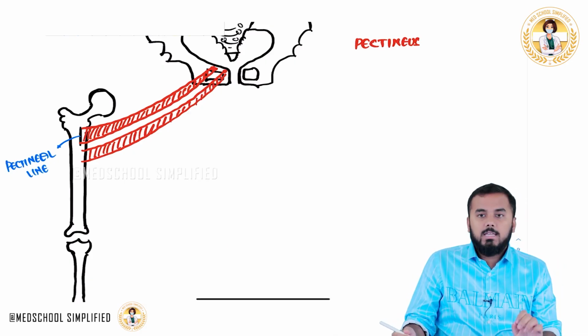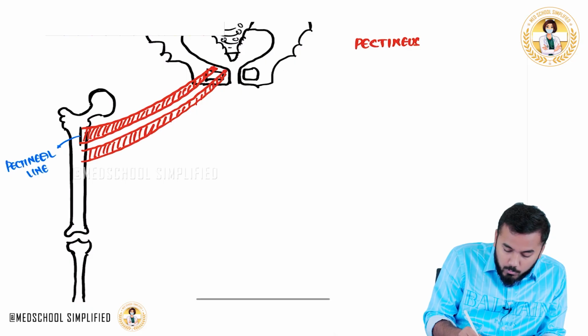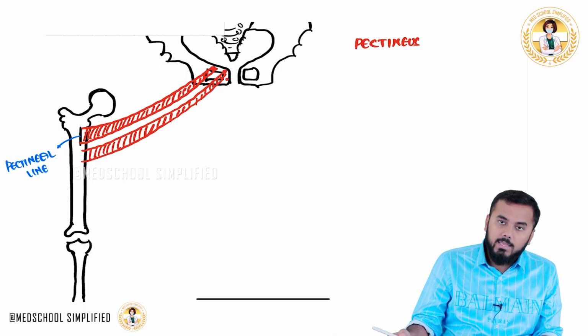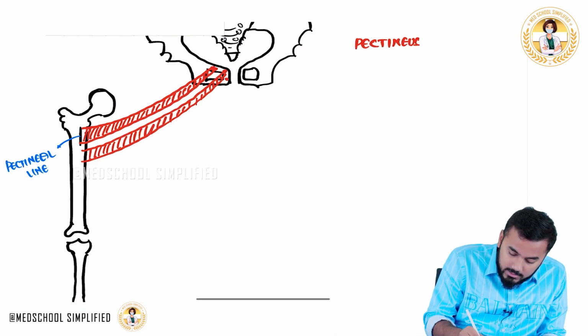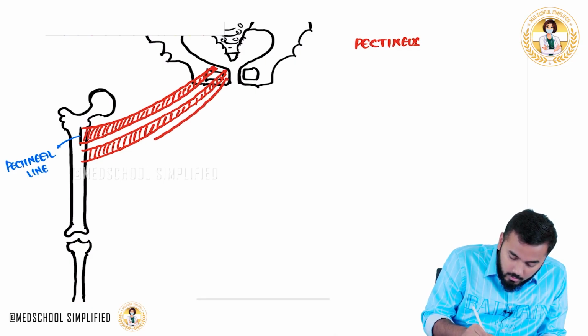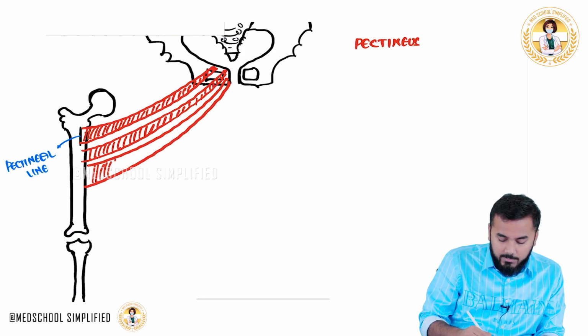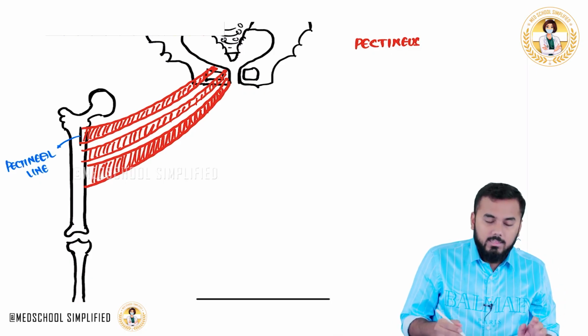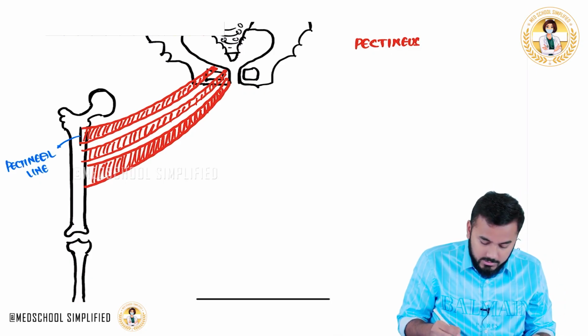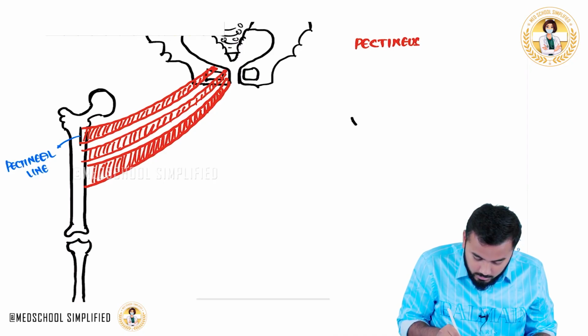Much more medially here there is another muscle like this that is coming all the way down. If you can see, this muscle is a little bit longer in comparison with the previous muscle. Now look at the third muscle. For the third muscle, I'll just be drawing this part.